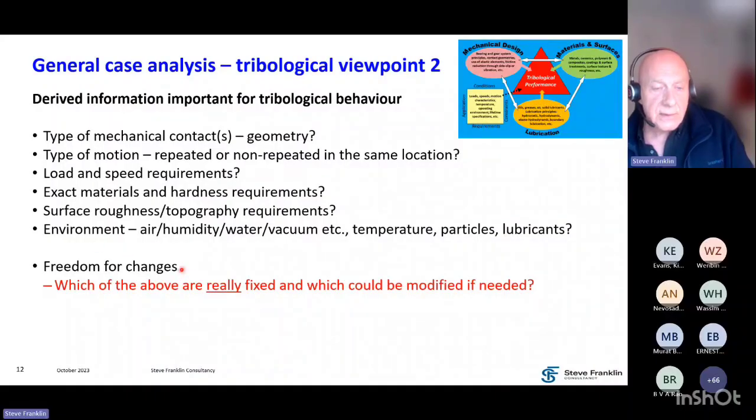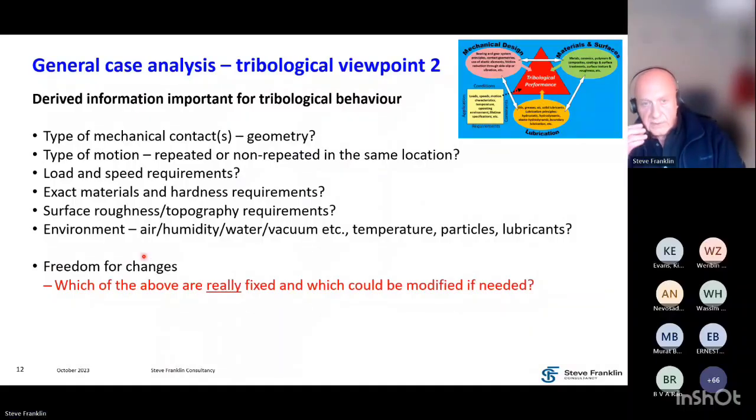And last, not least, what is the freedom to change things? Which of the above are really fixed in an application, and I mean really 100% fixed, and which could be modified if necessary? All of this is needed when analyzing a new case as regards wear and friction.